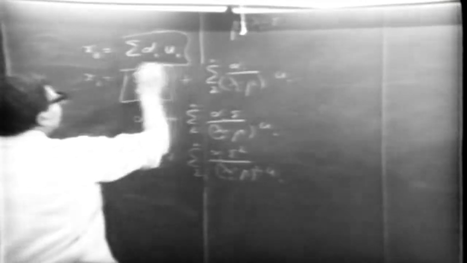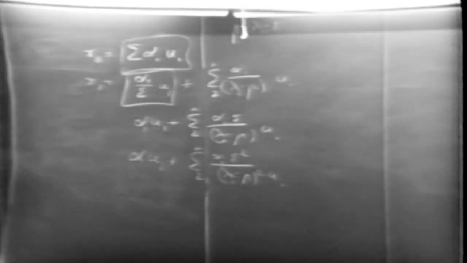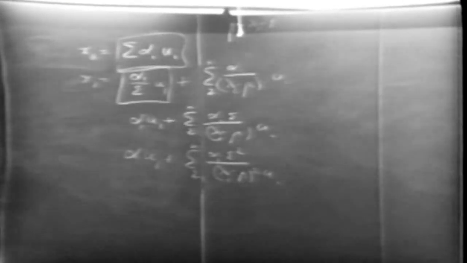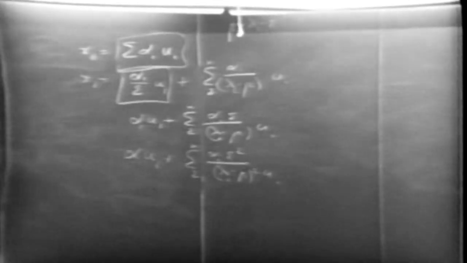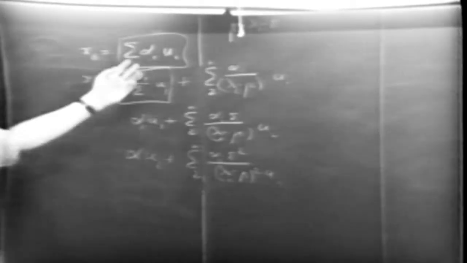Well, the whole trouble comes in our rather careless use of this basis ui. If we had a normal matrix, or most likely in practice a real symmetric matrix, we will have an orthogonal basis here.